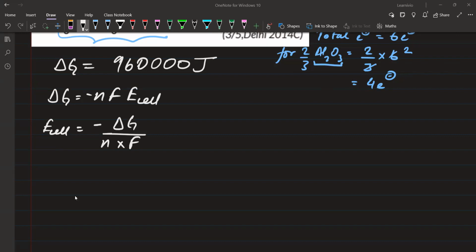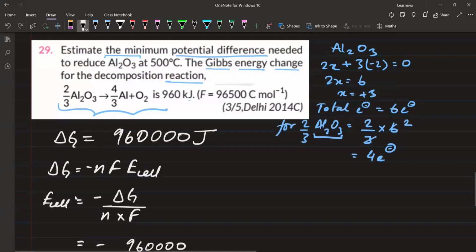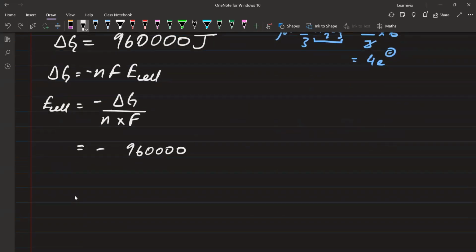By the way, see here, guys. Minus delta G is equal to 9640, 1, 2, 3, 4 zeros, ठीक है. Divide by n. What is n? 4 into 96500. So 10 by 4.